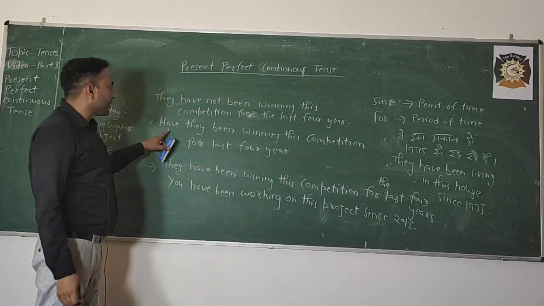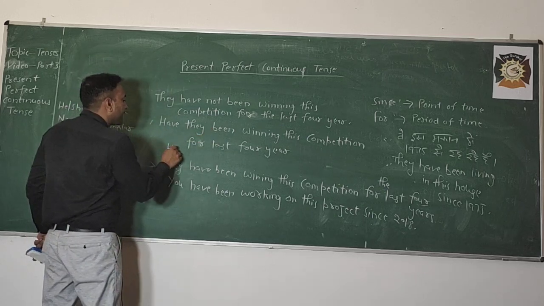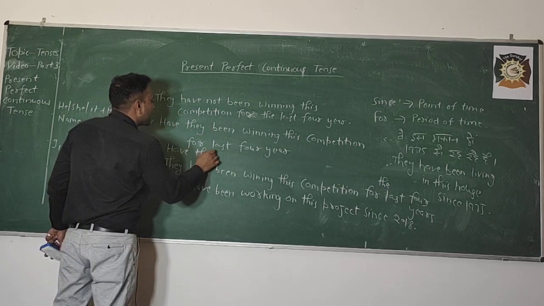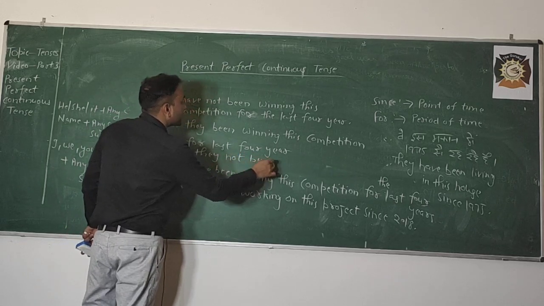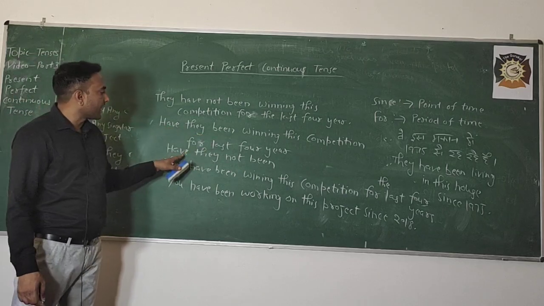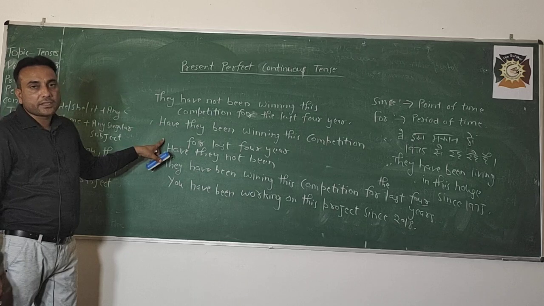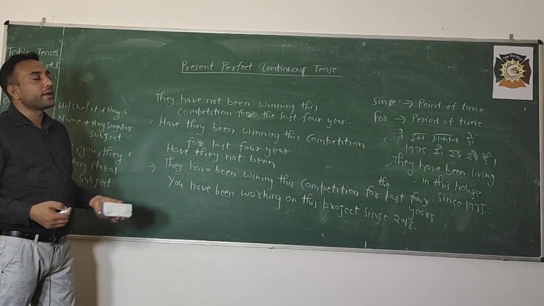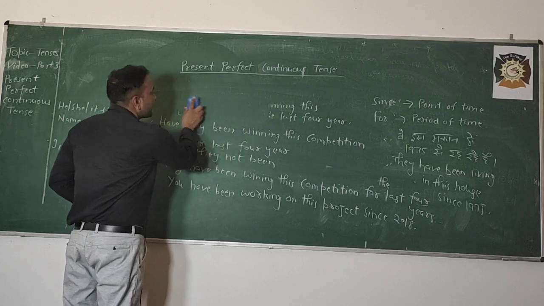And negative interrogative: Have they not been winning this competition for the last 4 years? In negative interrogative, have they not been, and the rest of the sentence remains the same. So this is the way to change the sentences into negative interrogative.